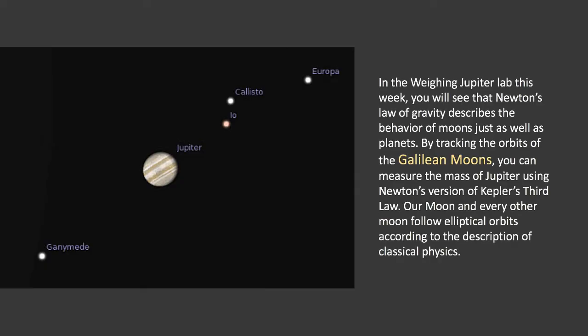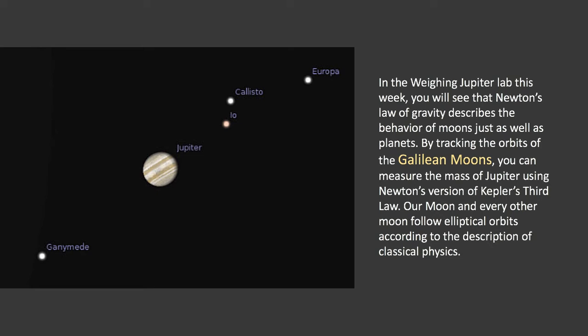But one thing you can definitely find with a telescope is the planet Jupiter and the four Galilean moons. And so those are depicted here. I mentioned them in the previous video, that we can use the theory of orbits and gravity by Kepler and Newton to describe the motions of moons as well as planets.